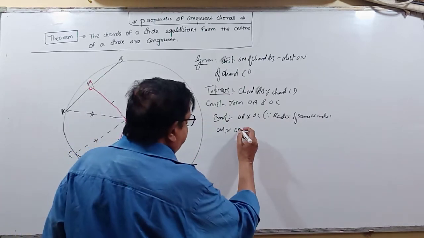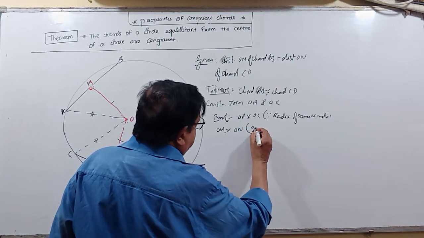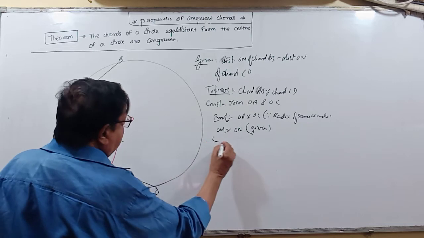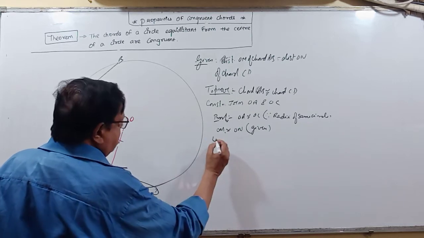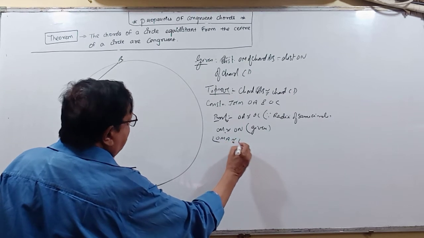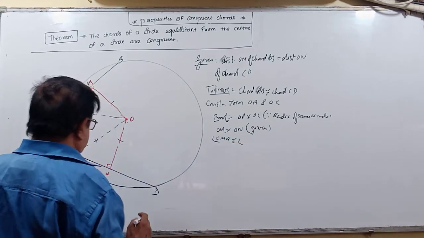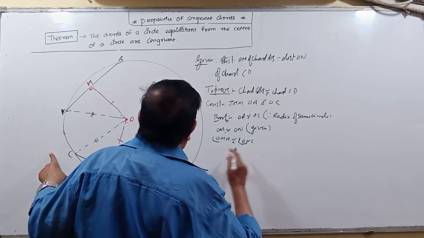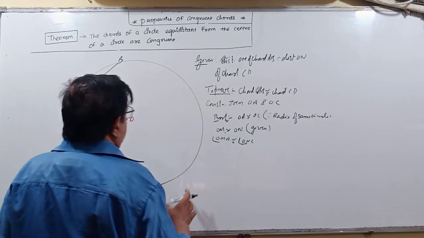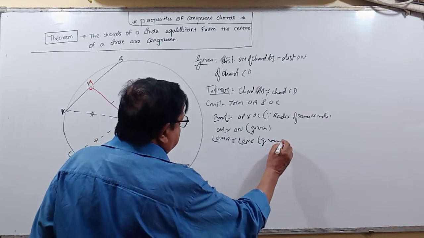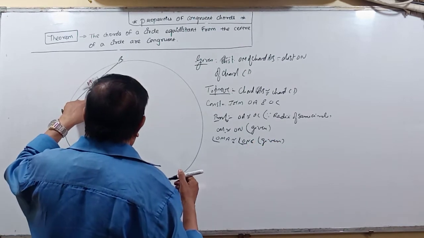What is the reason? Given. And angle OMA is congruent to angle ONC. That is also given: perpendicular distance. Remember, this is equal to this.